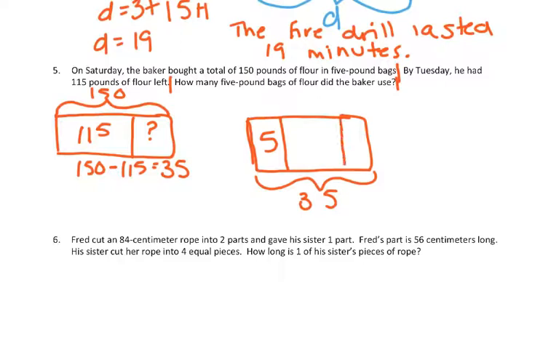Now I don't know how many we're going to have in here, so we're going to make this a B for Baker. So to solve that, we do B equals 35 divided by 5. And when we do 35 divided by 5, we get 7.